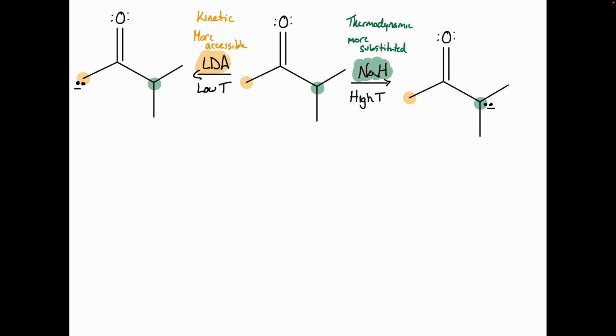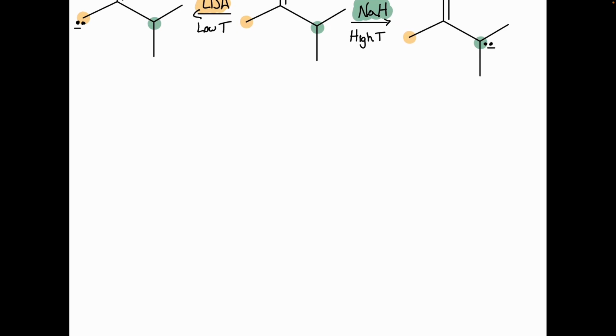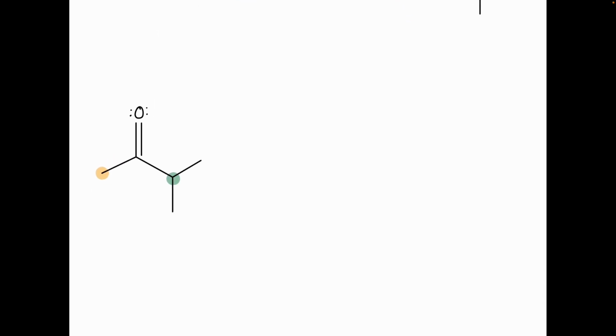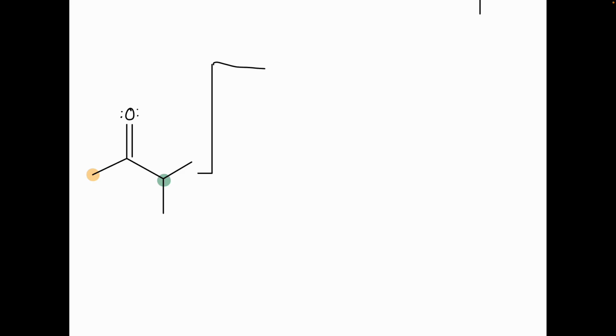All right, so practically speaking then, what does this mean? We have different ways of creating different enolate ions. Meaning if I used sodium hydride, this would be my nucleophilic site, my more substituted carbon. And if I used LDA, this would be my nucleophilic site, my more accessible carbon. So then let's take this same molecule here, and we're going to do two different things with it. First, we're going to turn it into an enolate ion by using sodium hydride at high temperatures.